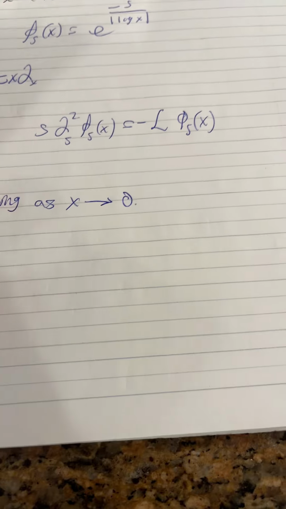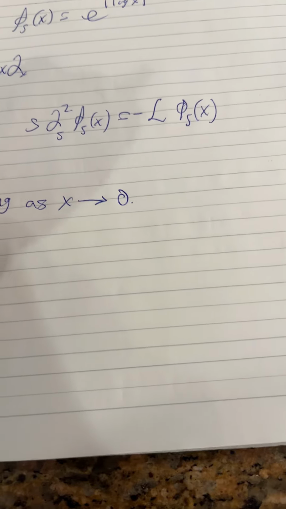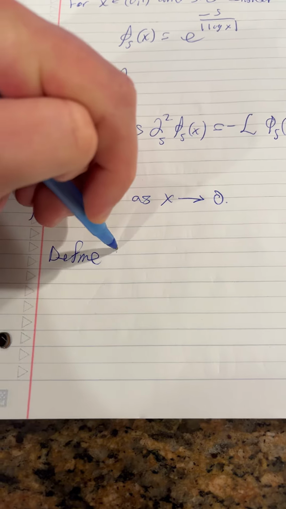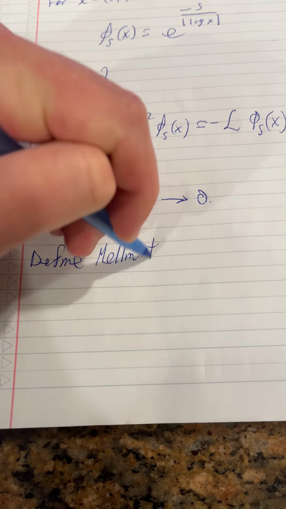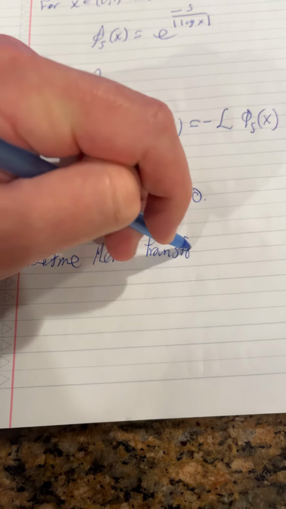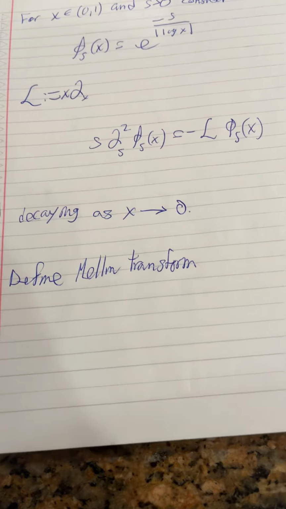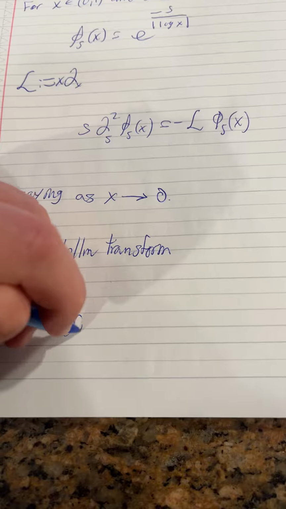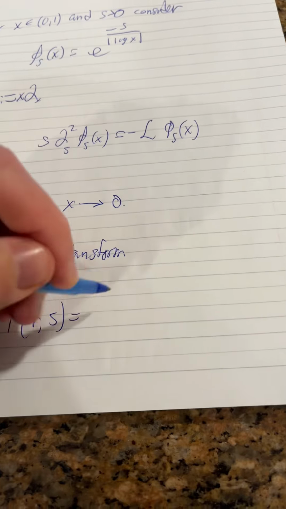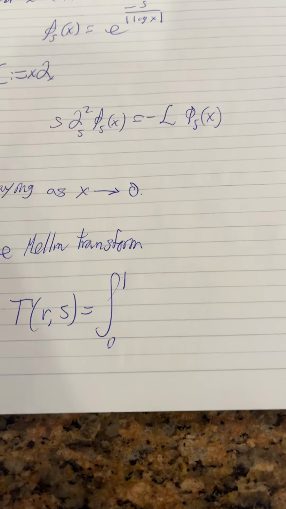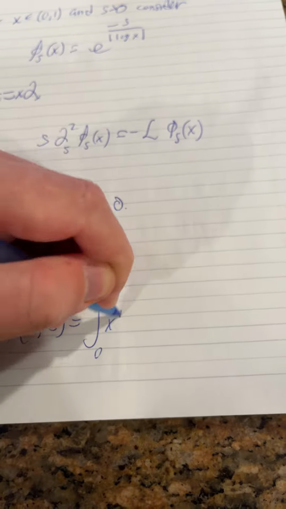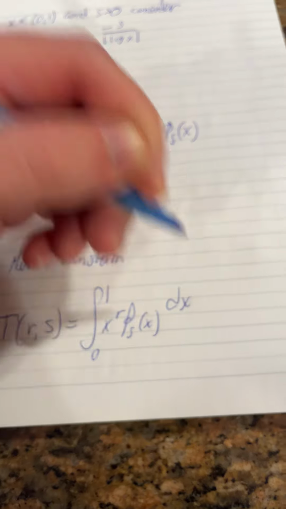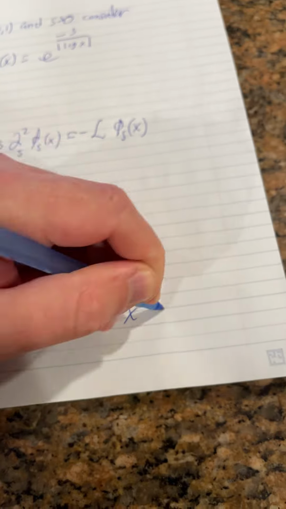So now we define what's called the Mellin transform. Define the Mellin transform to be this, the integral of x to the r phi sx dx over x.